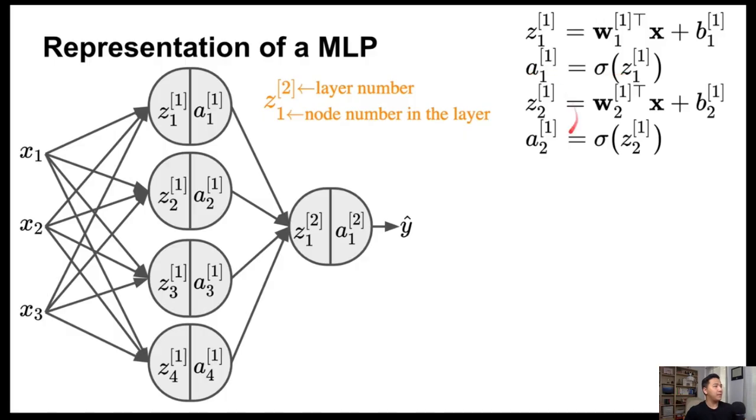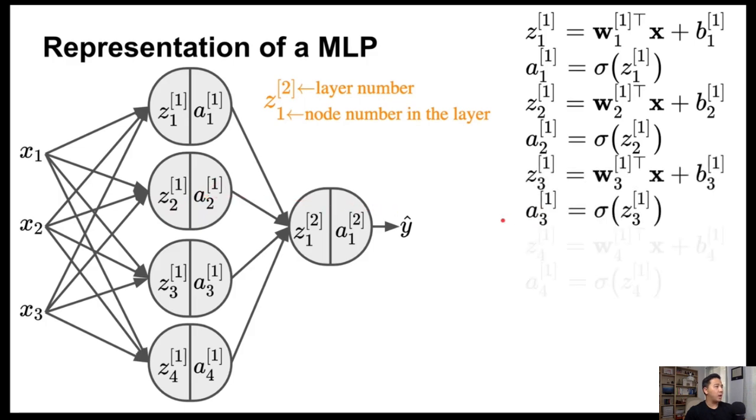Okay, maybe I show in this case. Z2 here is the weighted sum between W2, which is all these weights going to Z2, times X, which is the input, plus B2 of layer 1, and then you do the activation for A2 of layer 1 as well. And you do the same for the other two nodes. So at this point, you have values A1 to A4 of layer 1.